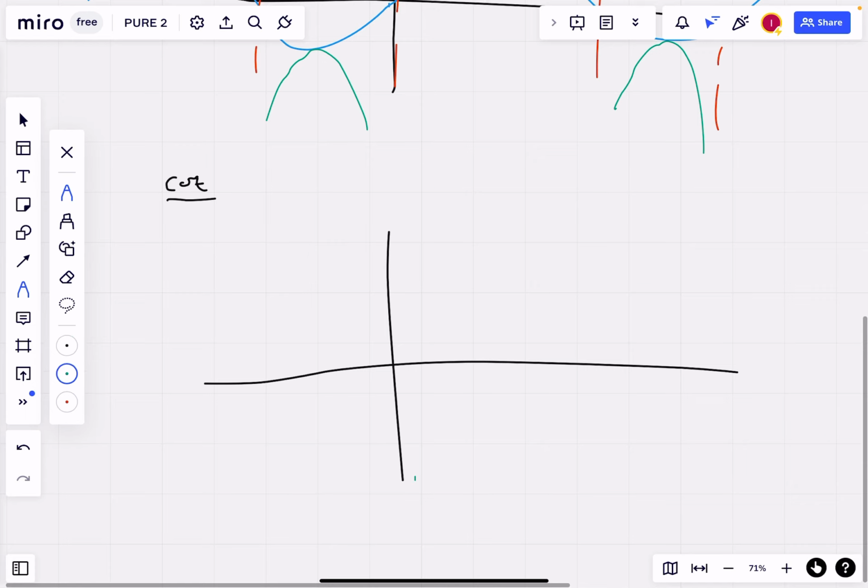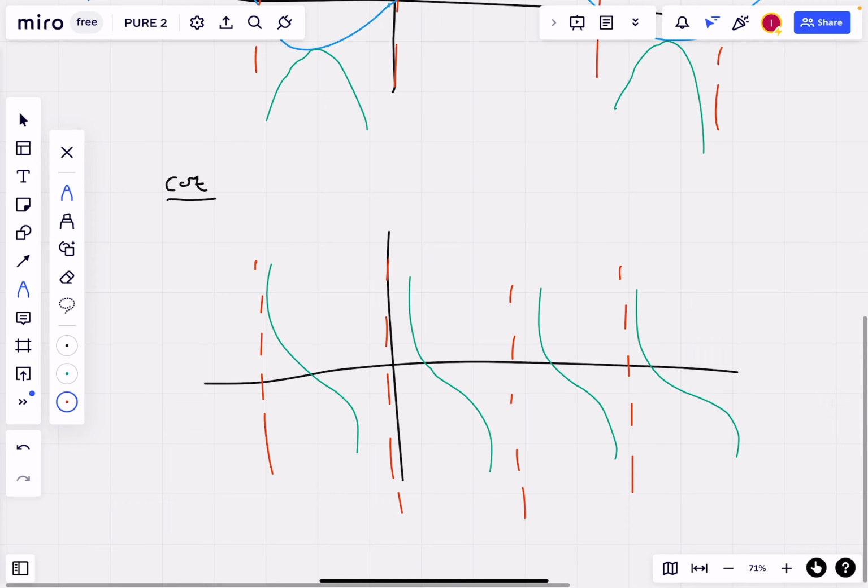So where tan usually goes like this, cot is just going to go the other way. And you've still got asymptotes.